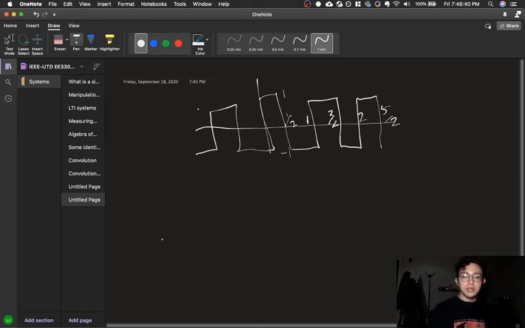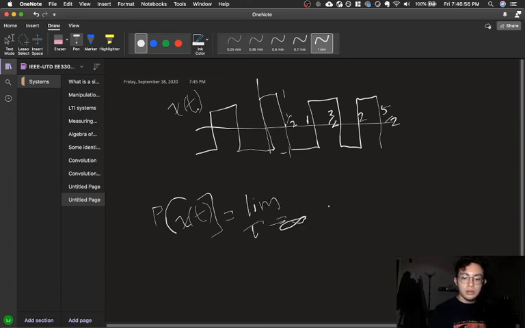So the power of this, let's call this x of t, will just be the integral as we take t to infinity of this average value from -T/2 to T/2.